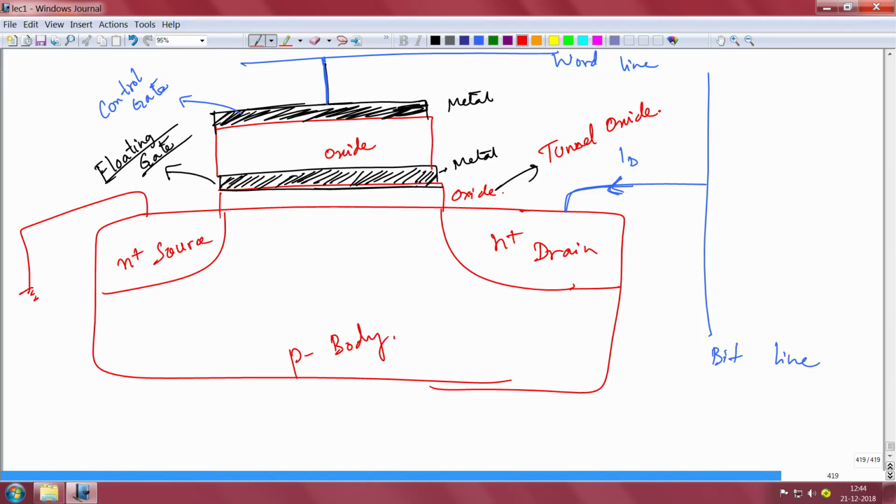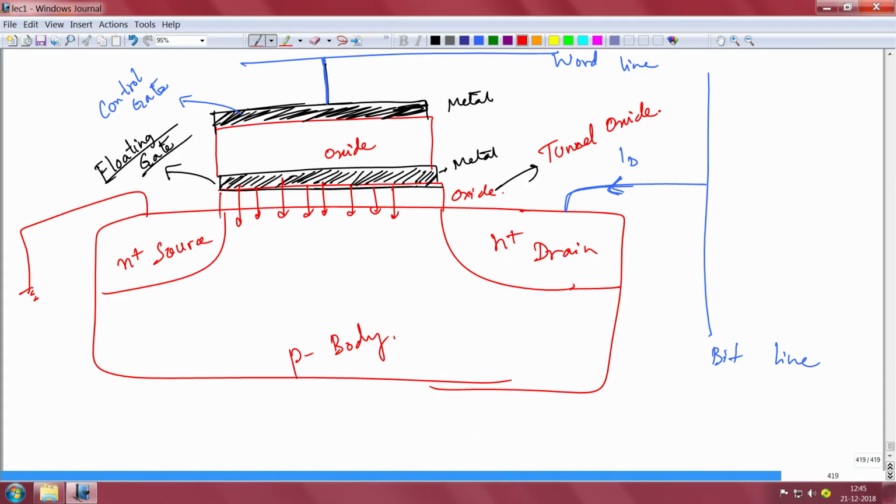You will get carrier tunneling across this thin oxide, and that tunneling happens very fast. Your reading and writing, or your charging and discharging of this capacitance, will depend on this tunneling current. I will come to that quickly. This charging and discharging happens very quickly in a flash. That is why it is called flash memory. It's happening like a flash.